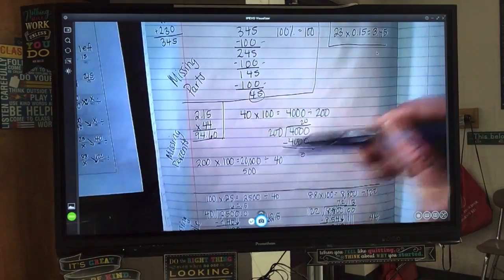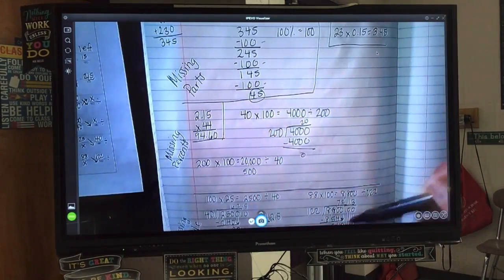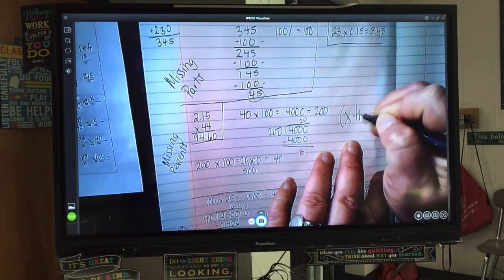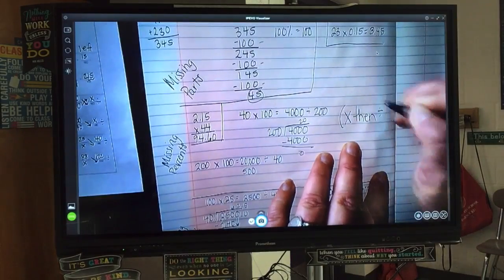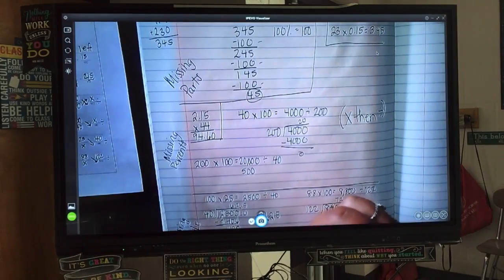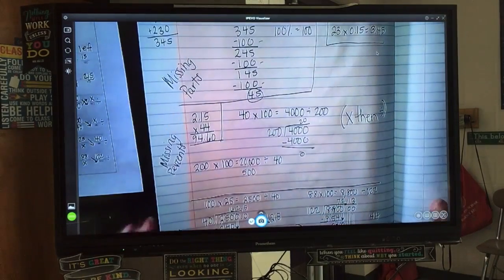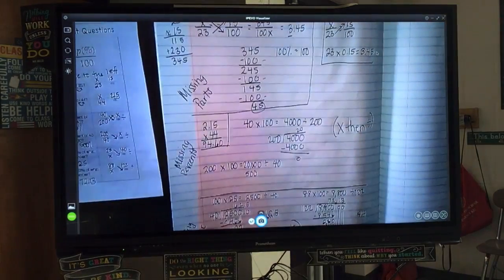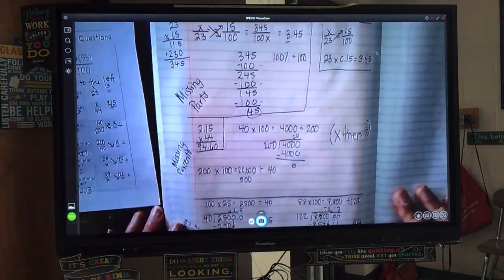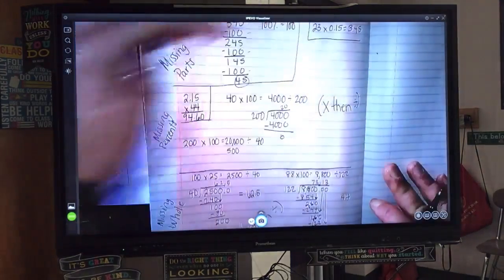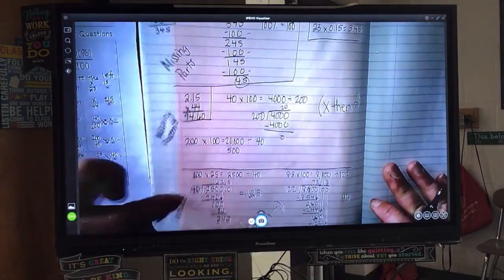This work is your missing percent, and this work is your missing whole. And if you wanna write in parentheses, multiply, then divide, you can do that. So again, it's missing part, missing percent, and missing whole.